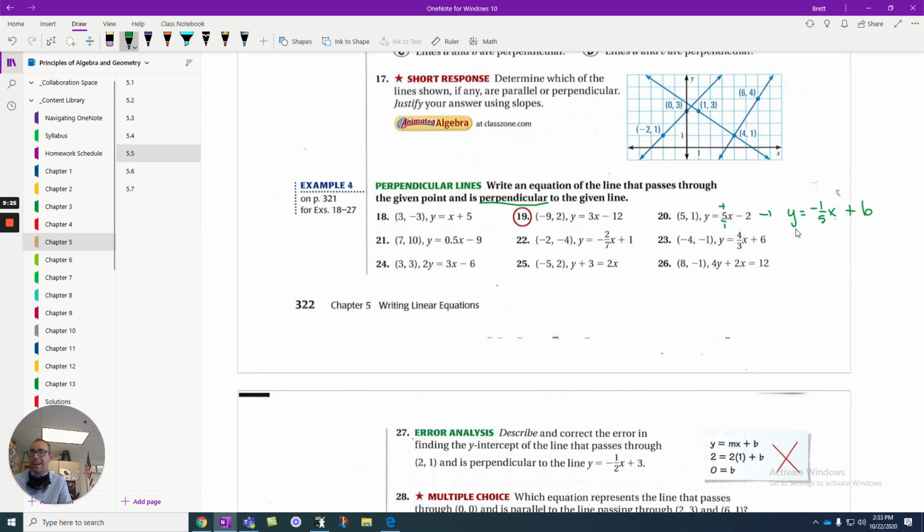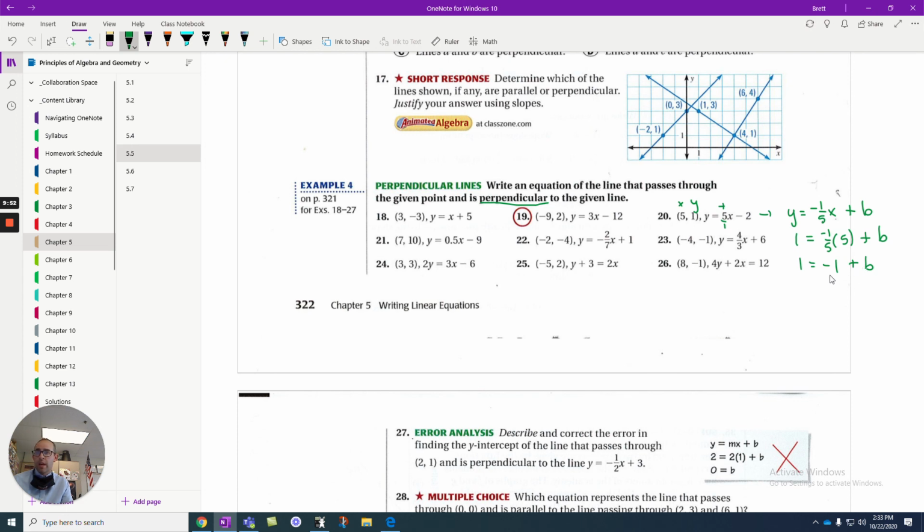At this point, I can plug in my x and my y to help finish this. My y is 1 equals -1/5 times x, which is 5, plus b. 1 equals -1/5 times 5. Use your calculator if you're not sure. Should be -1, still plus b.